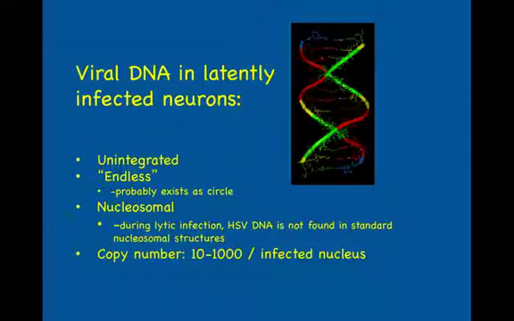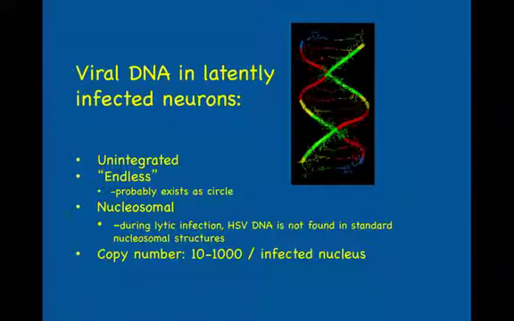Viral DNA in latently infected neurons is not integrated, it's episomal, as in it exists as a circle, and it is nucleosomal. When it's latent, it hides out in the nucleus, but as soon as there's a lytic infection where the virus is breaking out, you won't find HSV DNA in that nucleosomal structure.